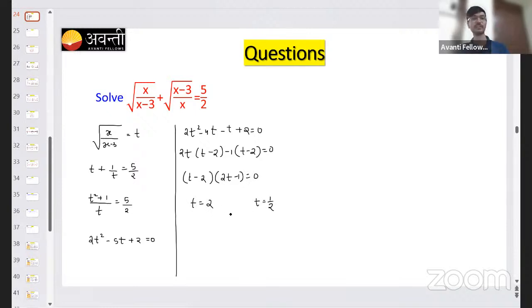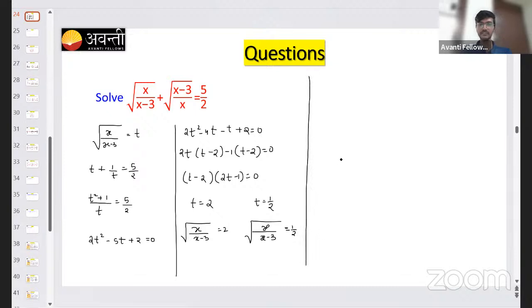Let us resubstitute the values. So I'll get under root of x upon x minus 3 equals 2, or under root of x upon x minus 3 equals half. To get values of x, let's square on both sides. So I'll get x upon x minus 3 equals 4. If I cross multiply, I get x equals 4x minus 12.